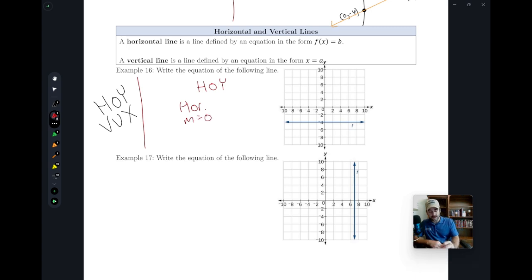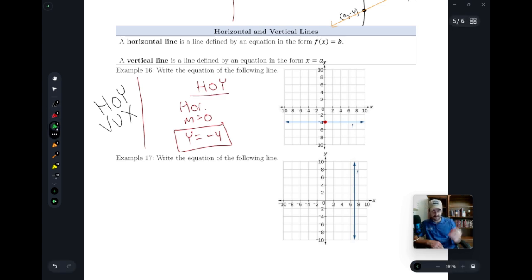And I could say that the y equals format of this line. And then we just look at what y is. If you just look at what y is for the whole line, look at the y-intercept for that, y is equal to -4, we got ourselves an equation because HOI helped us out. So the next one, because it's a vertical line, it's probably VUX, which means it's vertical, which means this m is undefined, or there's no slope, because it's a straight up and down line.